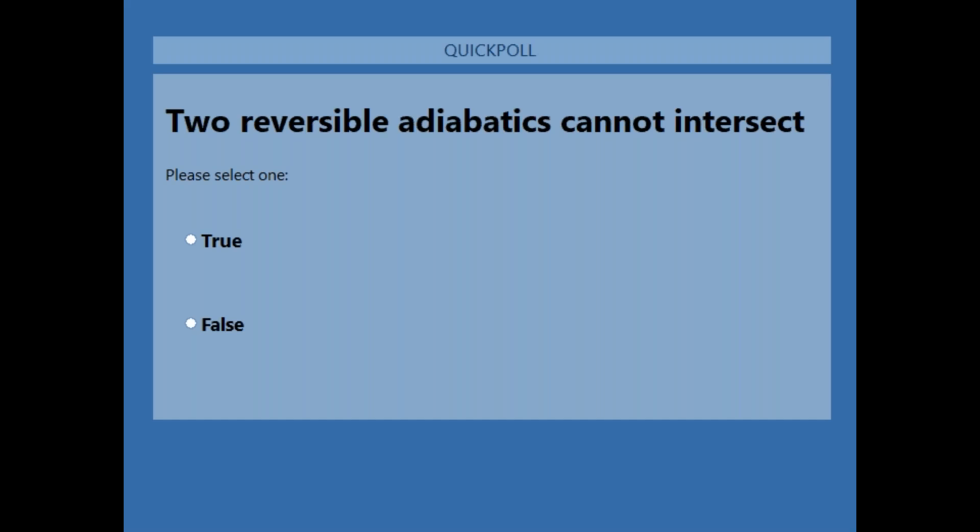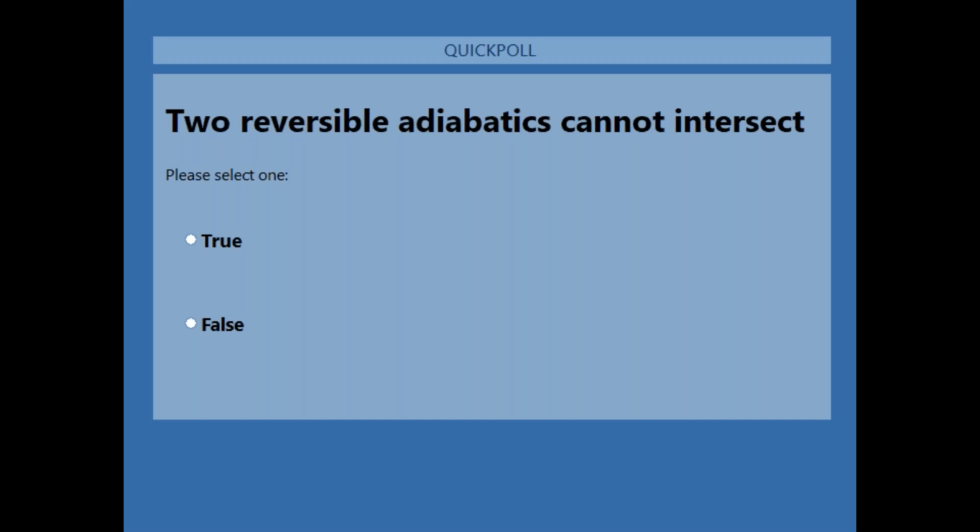And what was that? The question was about whether the two reversible adiabatic process lines intersect or not.